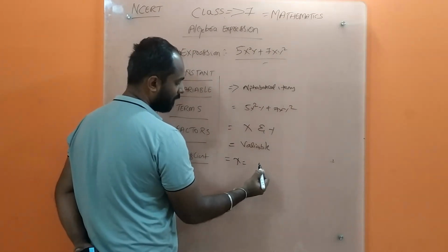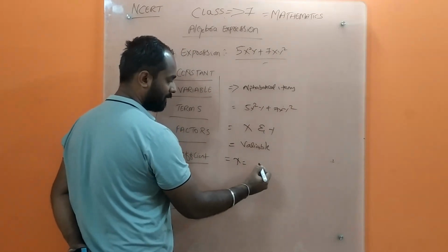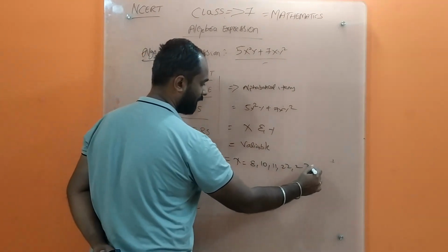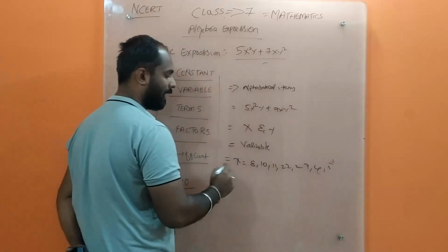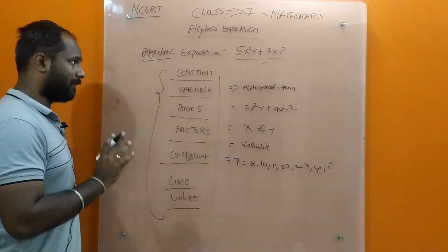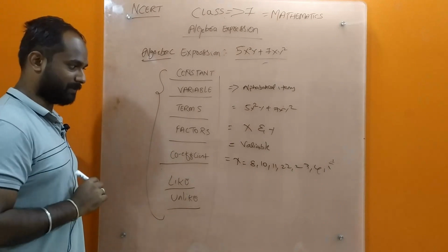For example, x can be assigned 8, 10, 11, 22, 2, 3, 4, 5, anything, to find the value of the algebraic expression.